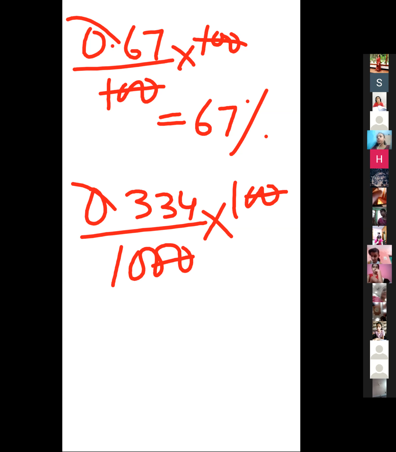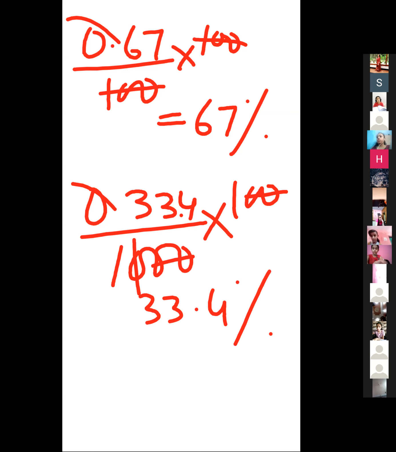So 10 is left. So you have to cut 10 and put point after one number from the right hand side. So your answer is 33.4%. नीचे कोई भी zero नहीं रखना हमने. So you have to cut the remaining zeros and put point up. Okay, ma'am. Ma'am, हमें जो नीचे जितने भी जीरो है हमें सारे जीरोस कट करने हैं. Yes, yes. You have to cut all zeros. Okay, ma'am. Thank you, ma'am. Okay, beta.